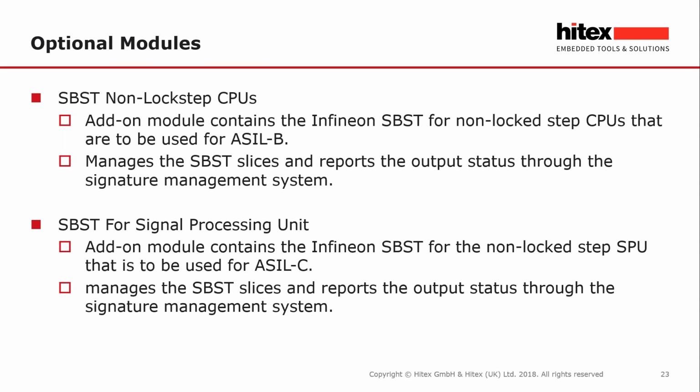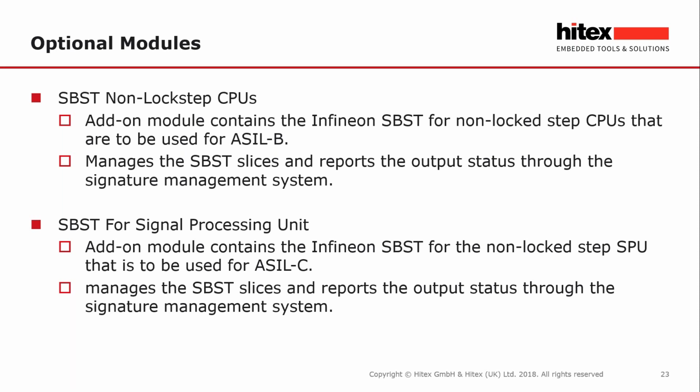So there are optional modules which you may or may not need. If you're intending to use a non-lockstep core within an AURIX 2G for ASIL-B, then you'll need to run the Infineon SBST as a cyclic function or startup, and maybe cyclic as well. The safety pack will allow you to interface to this module, which comes from Infineon, and the errors from it will be reported back through the standard signature management system.